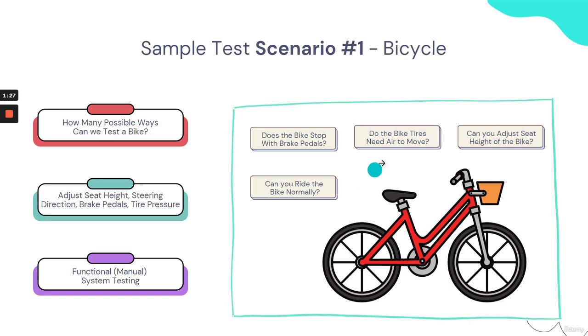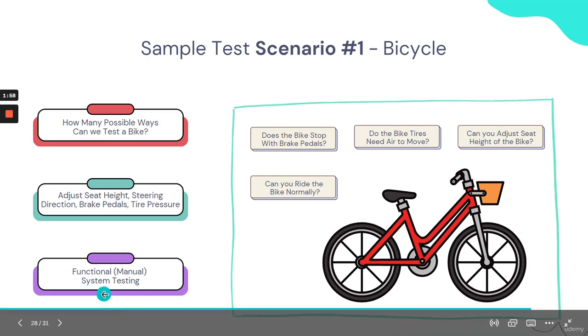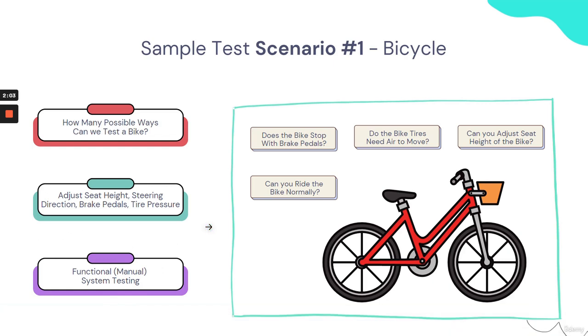Another test would be to see if the bike needs any air pressure or additional air to function normally, as well as can you ride the bike normally? Is it slanted or is there any issues? And something like, can you adjust the seat height of the bike for the user? So these are all examples of functional or manual system testing and how we can actually think like a manual software tester and test a bicycle.